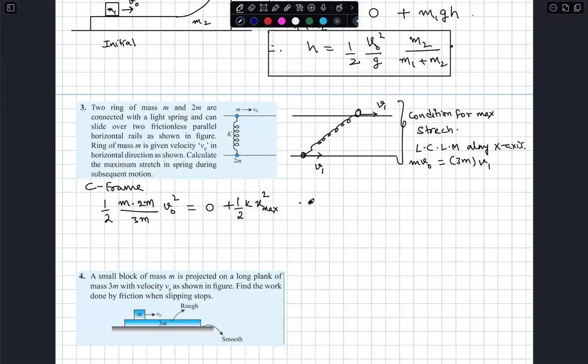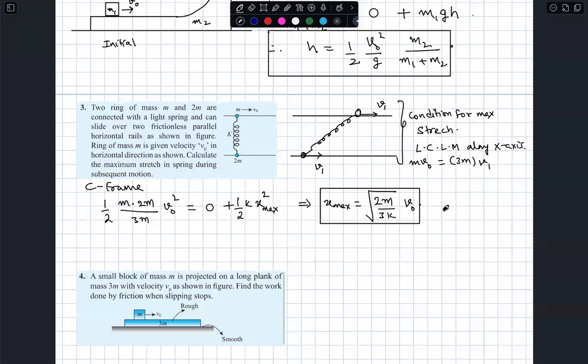So with this I can confirm x max is root of 2m by 3k times v naught. That's the deal. One step, I have done the question.